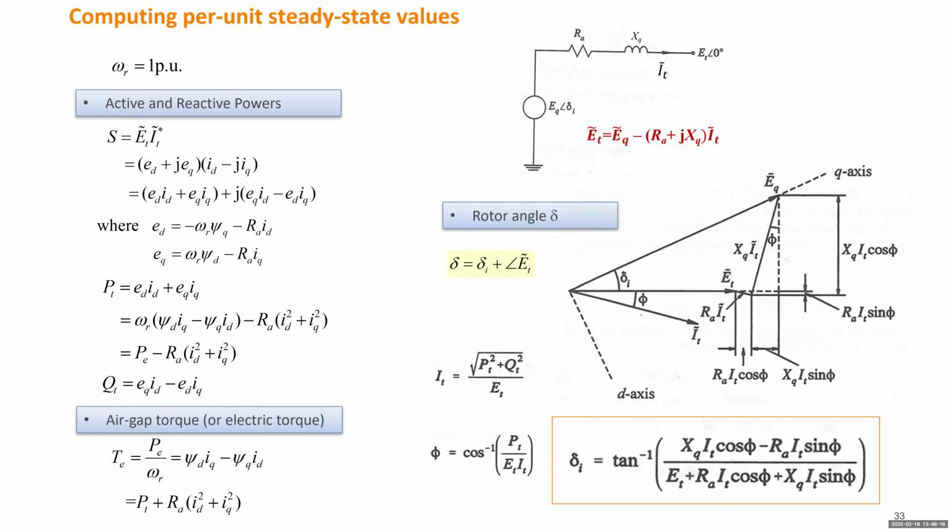In the homework, you're going to solve for some conditions with different power factors. So keep that in mind: make sure to draw the phasor diagram, decide which triangle you're going to utilize to calculate the tangent of delta, and then check the formula to make sure all the signs are correct. Any question?